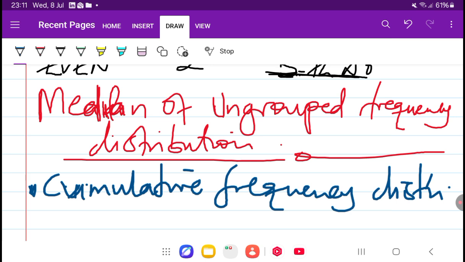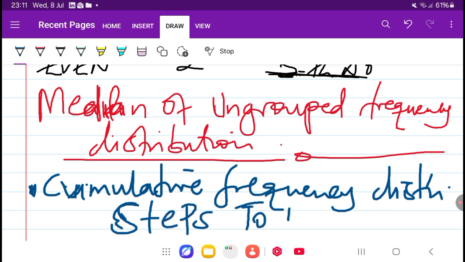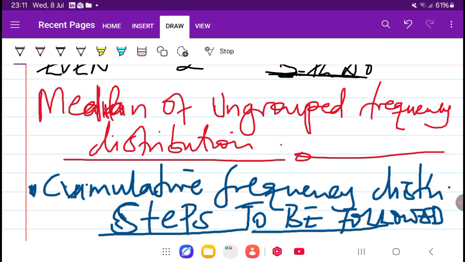So maybe we can just have small steps to emphasize, steps to be followed so that we can have the cumulative frequency distribution table.